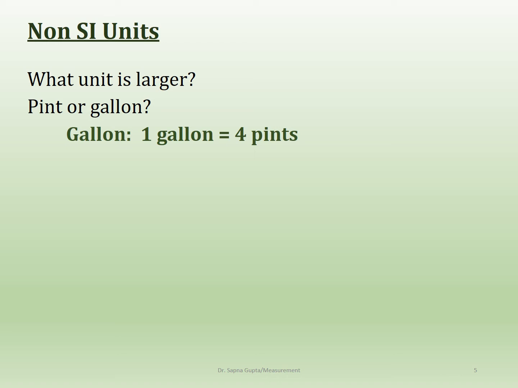However, you may not know this if you were not familiar with the gallon or the pint. Inch or foot? And you're right again. You probably chose foot. Okay, foot is the bigger unit because in 1 foot we actually have 12 inches. All right, so that makes a foot a bigger unit. So again, any person who's never heard of a foot or inches before would not know this.